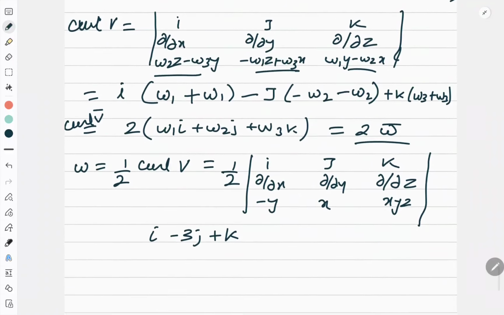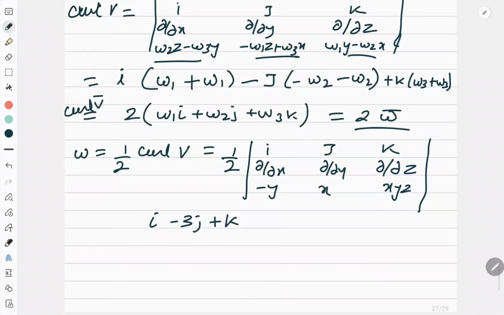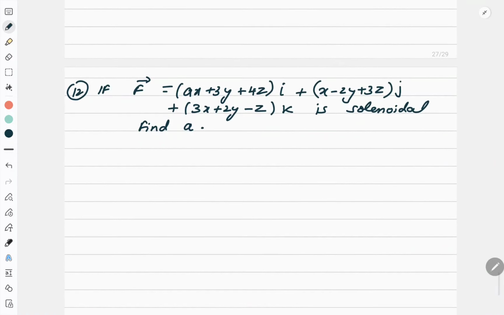Okay. So now come to the next thing. Now next question. If F is solenoidal, find a. What is the meaning of solenoidal? If F is solenoidal, divergence of F is equal to 0. Now what is divergence of F?